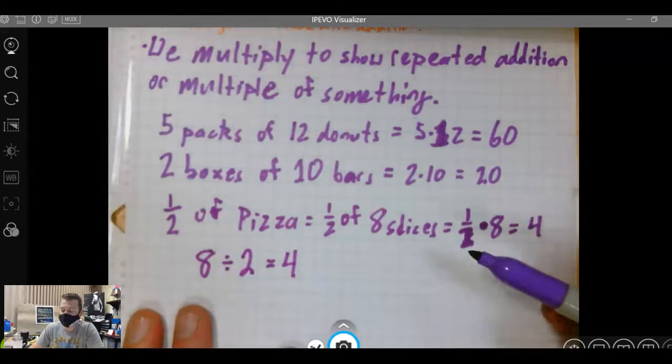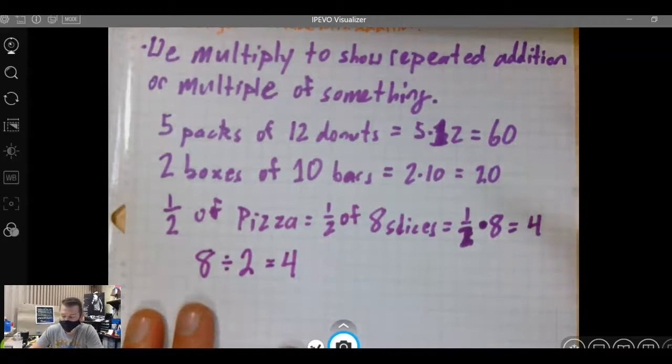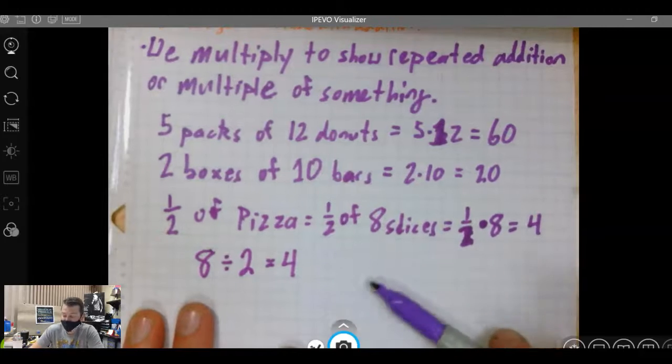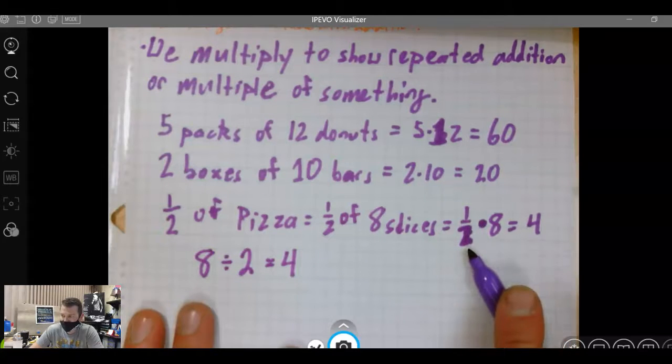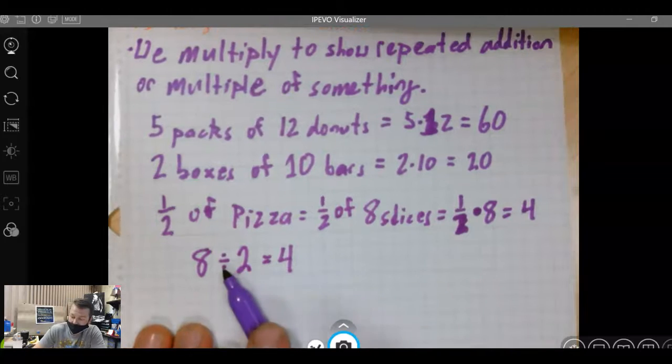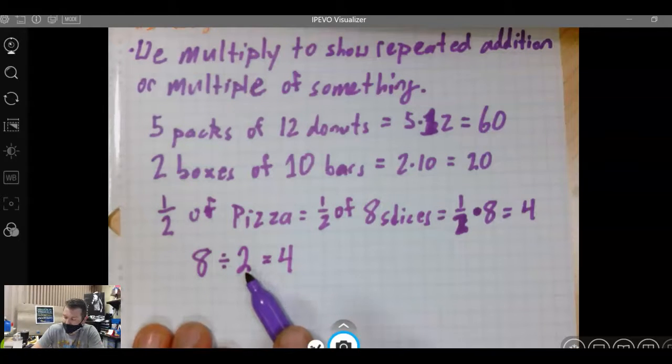So when we're discussing multiplication, we need to remember that multiplication and division just go hand in hand. They can literally be swapped for each other. We could multiply by 1/2 or divide by 2.